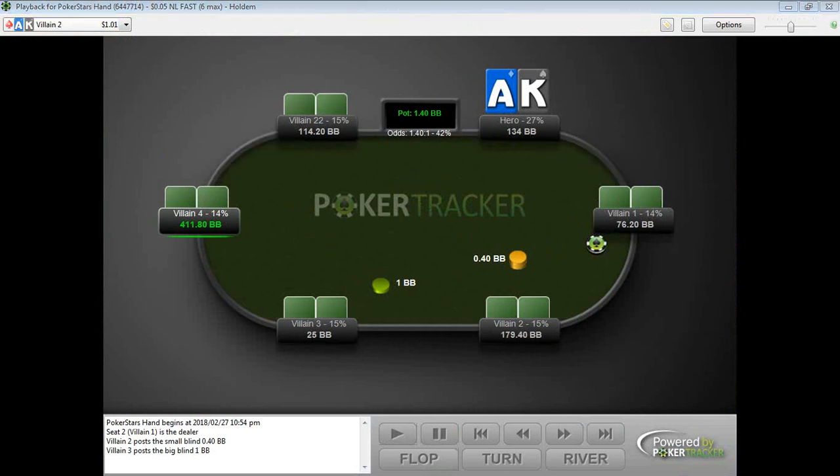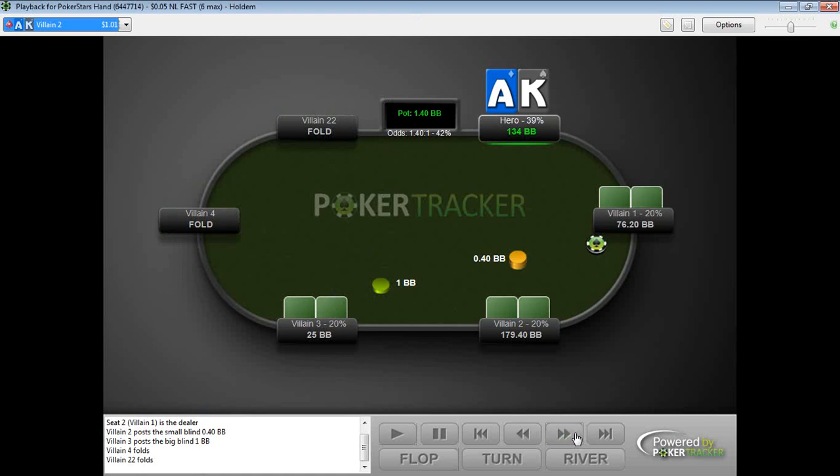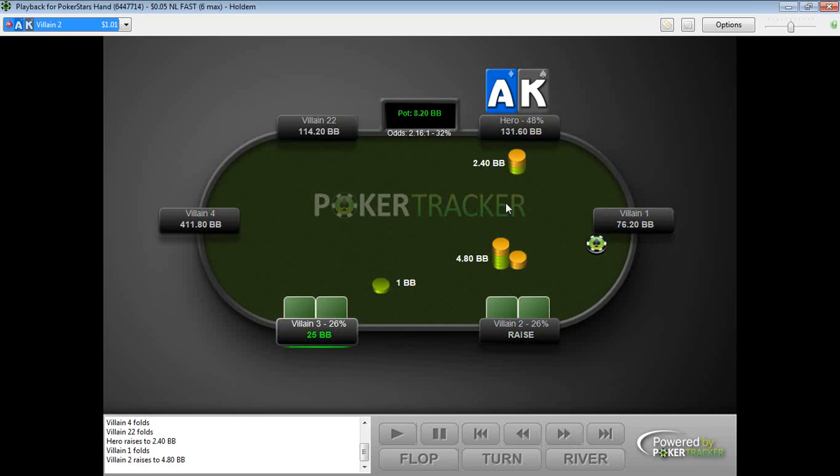Here we have ace king offsuit. And we are in the cutoff. And we raised up 2.4 big blinds, which I'm not doing anymore. And we get 3-bet here by the small blind. Just a 2x 3-bet, so really small.